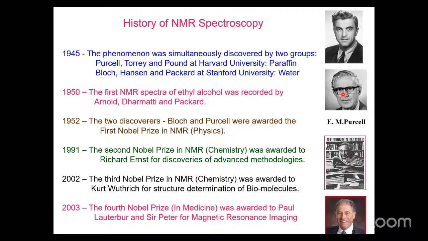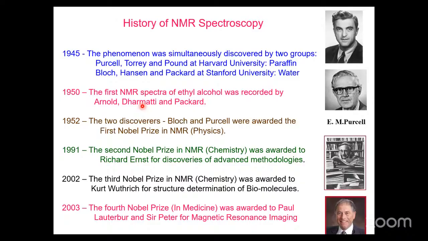Then in 1950, the first NMR of ethanol was recorded by a group of scientists, Arnold, Dharmatti, and Packard. And we all Indians should be proud of that. One of the scientists who scanned ethanol for the first time, Dharmatti, was an Indian.